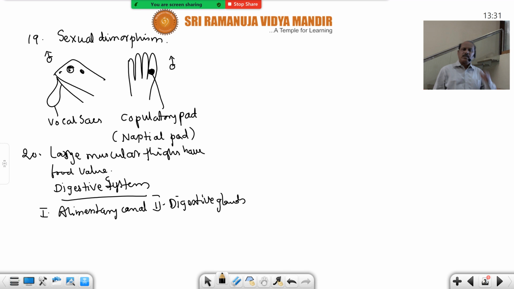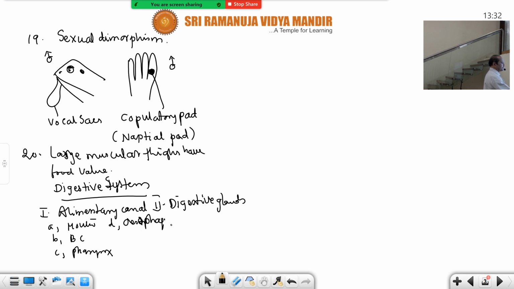The alimentary canal starts with the mouth and ends with the anus, like humans. First mouth, then buccal cavity, then pharynx, a short tubular pharynx, then esophagus.